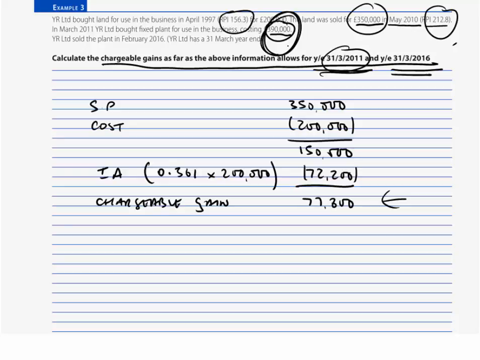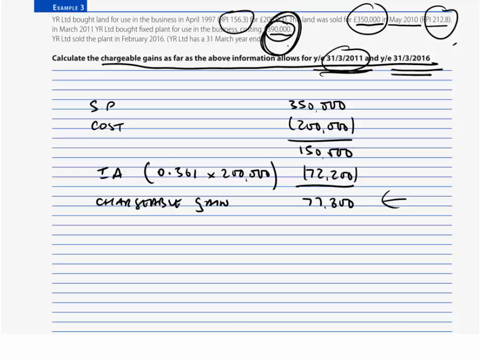Now, quite often what you see in an exam question is that this disposal, rather than happening way back in the year ended March 11, it's the disposal that would be occurring now. So what we would write about that chargeable gain is that as we have reinvested all the proceeds of 350 in a depreciating asset, the fixed plant, costing 390, the entire gain of 77,800 may be deferred, and it may be deferred until the earlier of.